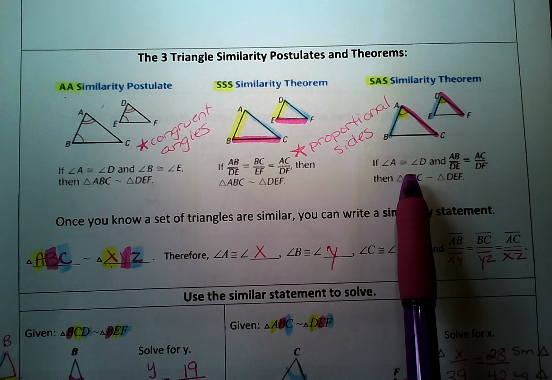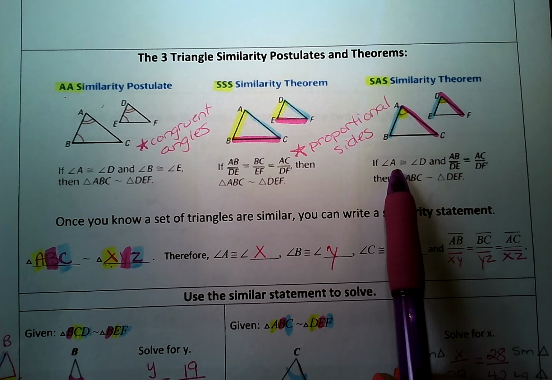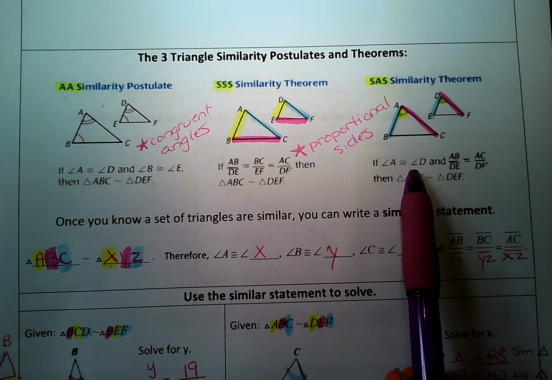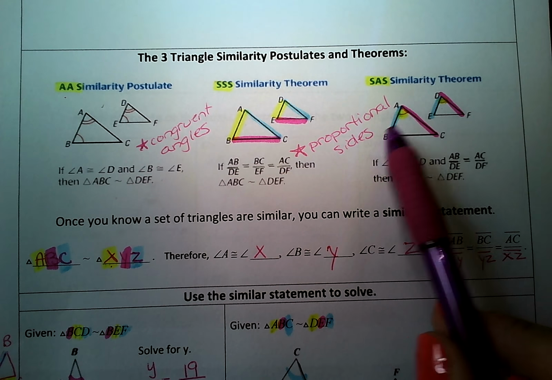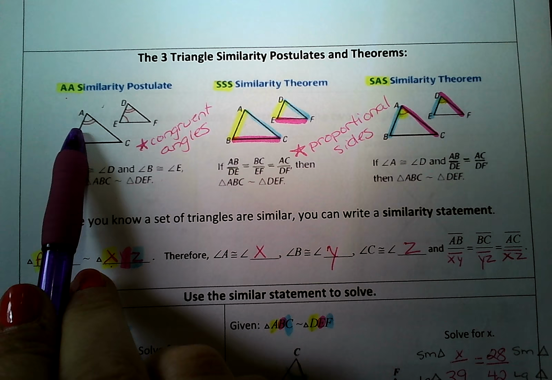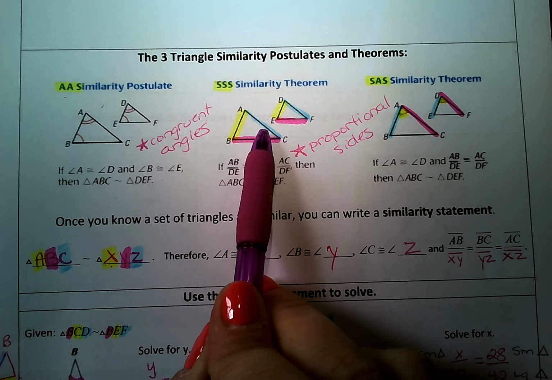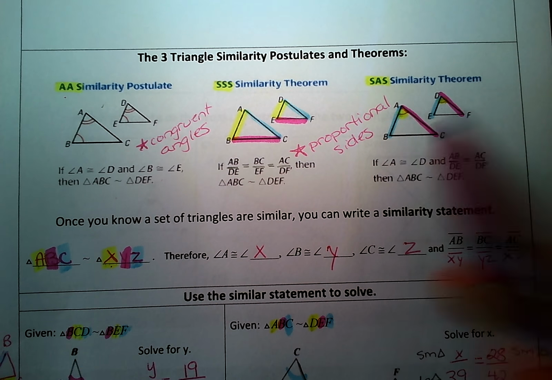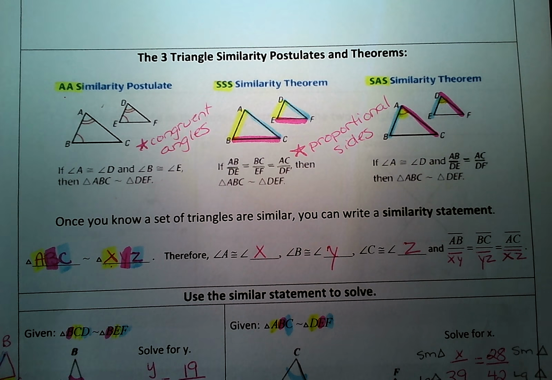And the SAS similarity theorem says that if you have one congruent angle pair and the sides surrounding that angle are proportional, then the two triangles are similar. So AA similarity postulate, SSS similarity theorem, SAS similarity theorem. Those are our options for this last part.